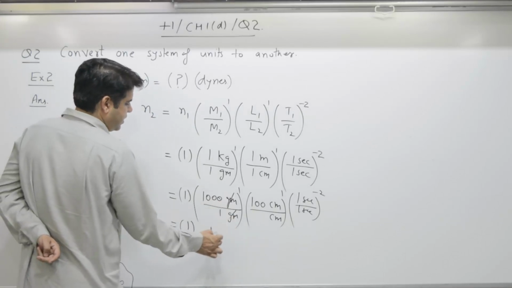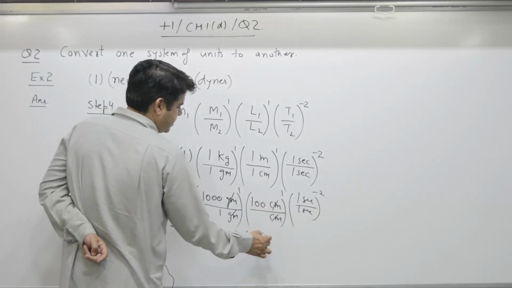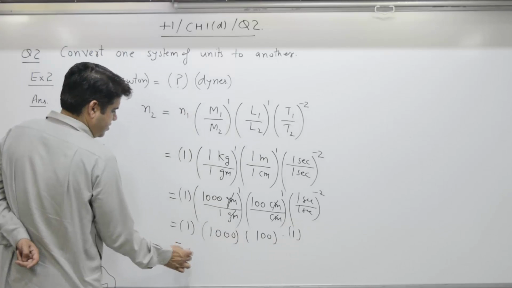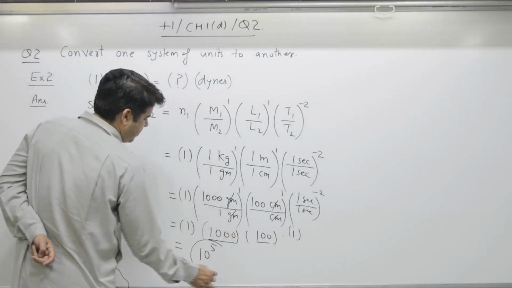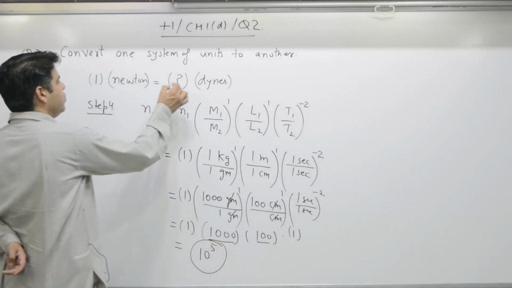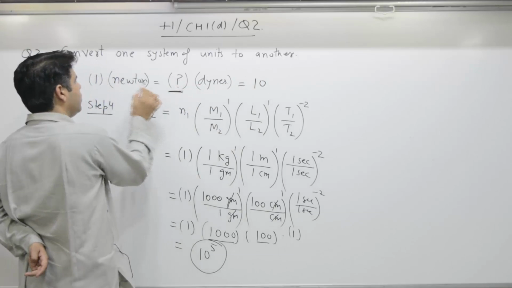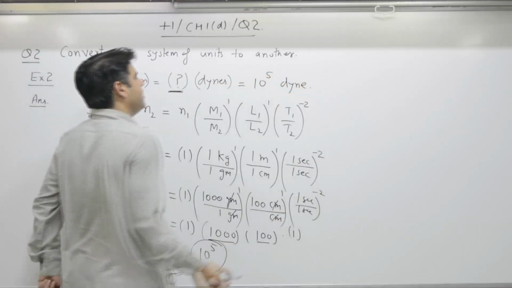Gram cancel, 1000. Centimeter cancel, 100. 10 to the power 3, 10 to the power 2, 10 to the power 5. So N2, we started with 1 Newton, is how many dynes? Answer is 10 to the power 5 dynes.